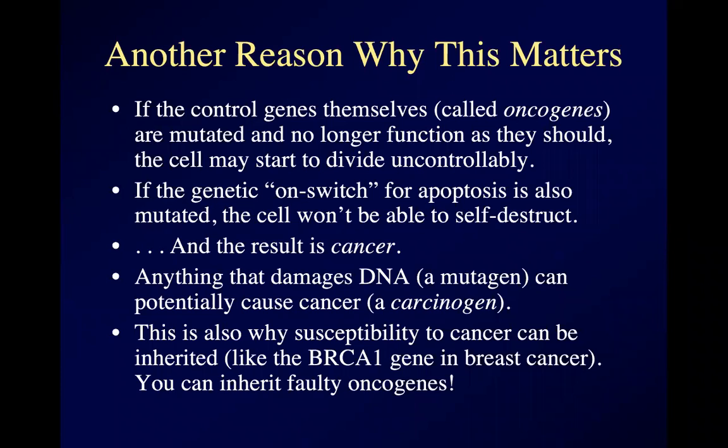Some types of cancer are more likely if you're exposed to mutagens like radiation or certain chemicals or things like that. And sometimes cancer is just a result of bad luck. Everybody has mutations. DNA replication is good, but it's never perfect.